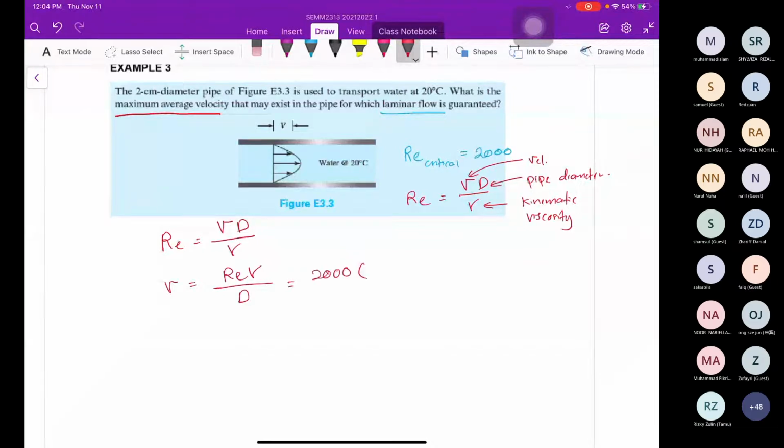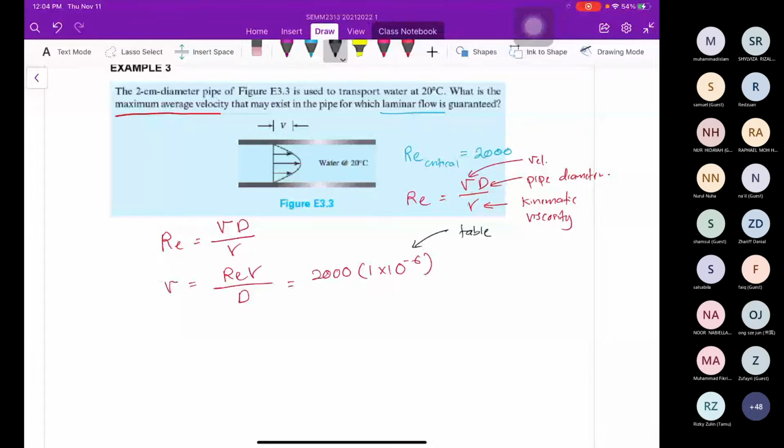This one is from the table, at temperature 20 degrees Celsius, for water. Then divide by the diameter, which is 0.02 meter.